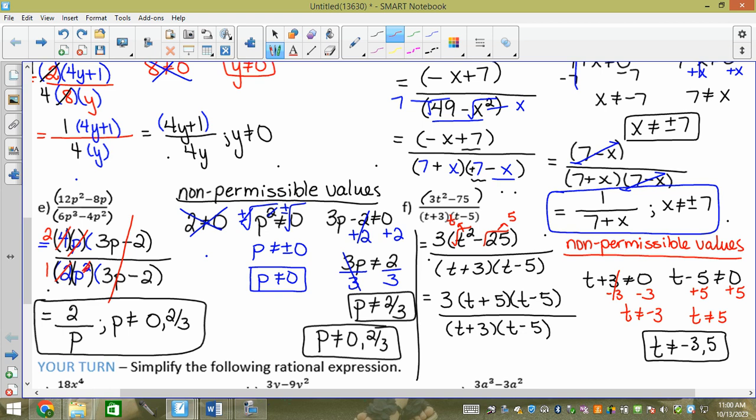Are there any twins, replicas, anything on here? What is there? T minus 5. T minus 5. So then I'm left with 3 times t plus 5 over t plus 3. And then t can't equal negative 3 and 5.